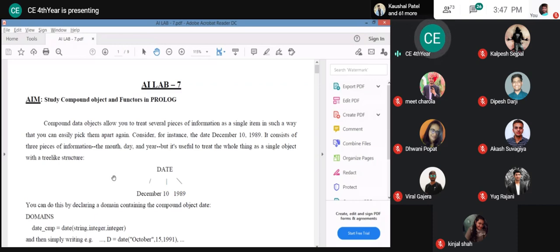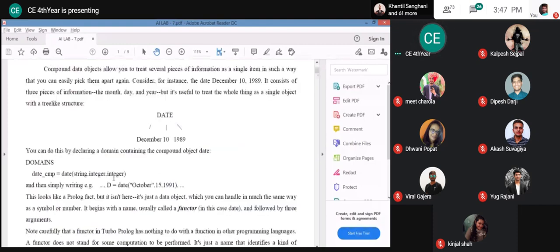Instead of writing individual month, day, and year, you treat the whole thing as a single object. This is the domain containing the compound object, which here is date. In Prolog we can write it this way: date is a compound object, and in the brackets you write the three pieces of information as arguments.